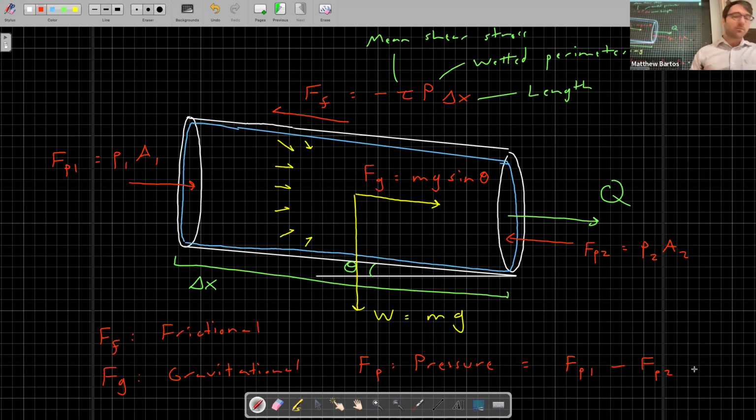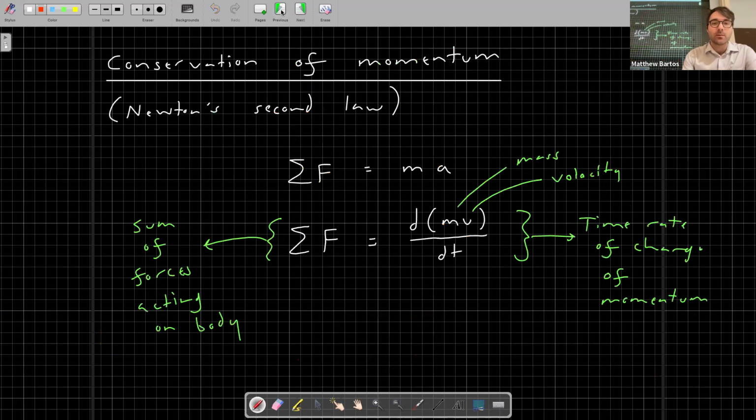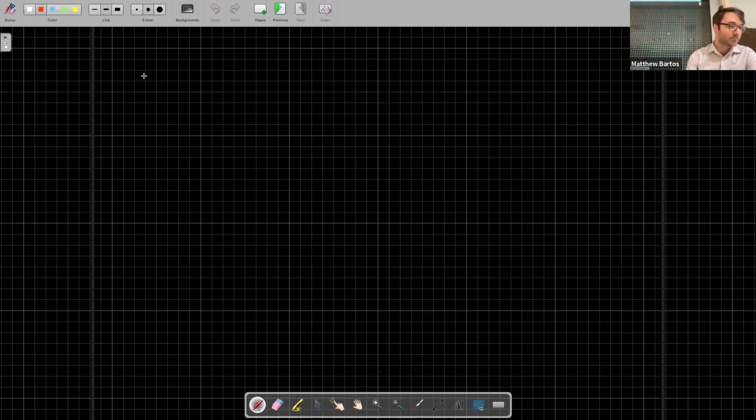So now that we have our force balance, let's go back to Newton's second law. I'm going to write it out. We have that the sum of forces is equal to the time rate of change of momentum. So let's take a look at this momentum term in more detail. So we have our net rate of change of momentum.